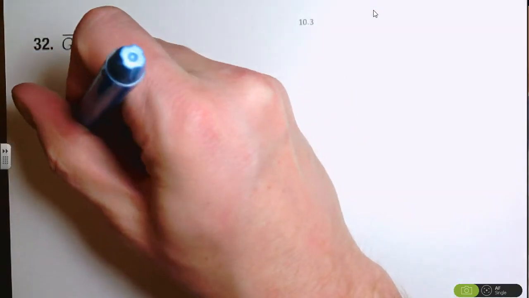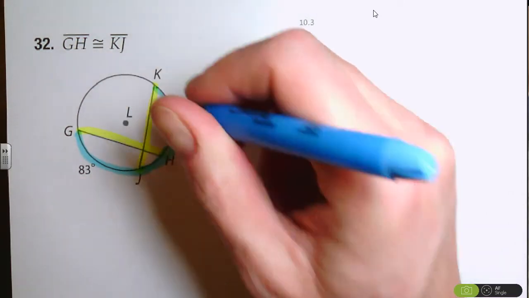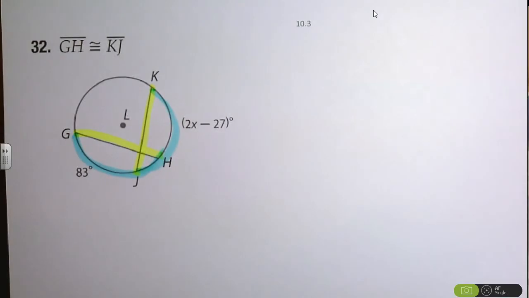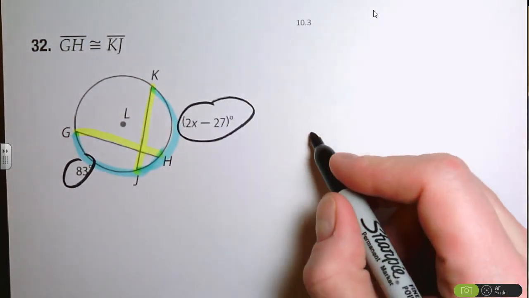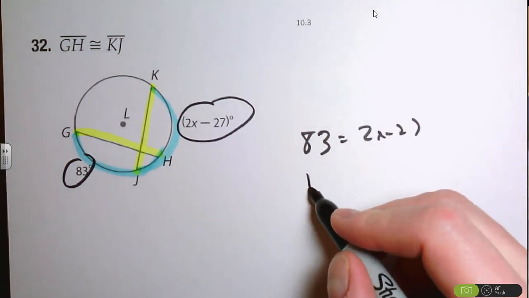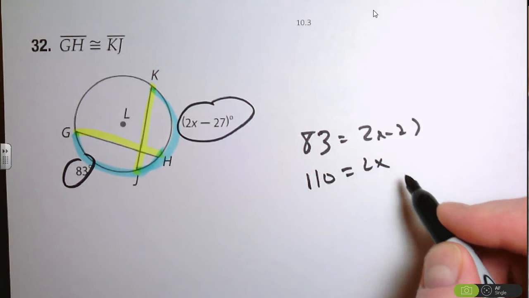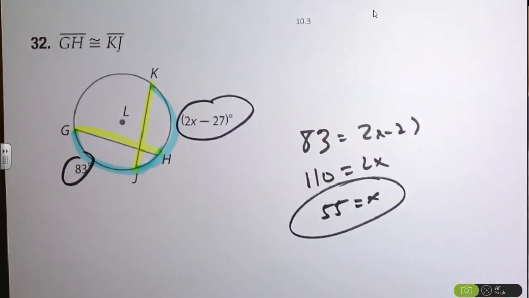So arc GH is congruent to arc JK. So the question is, what is the measure of x? Well, that means that 83 has to equal 2x minus 27. So add 27, 110 equals 2x, divide by 2, 55 equals x. Okay, and there are just some extra problems from section 10.3.